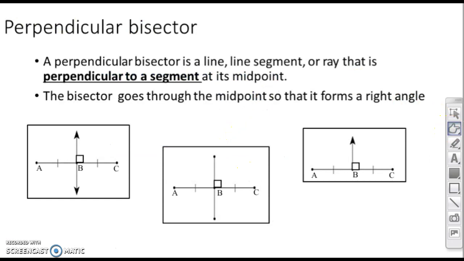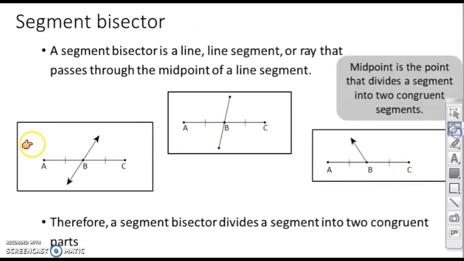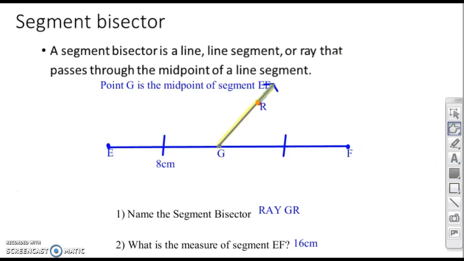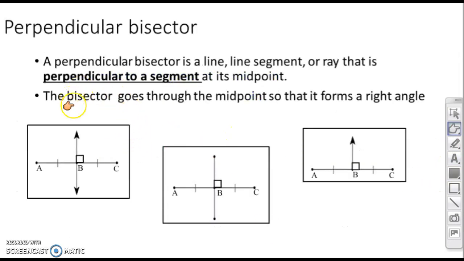Next is a perpendicular bisector. Let me just go back 2 slides for a second. If you notice here, all of these segment bisectors go through the midpoint at some kind of angle. They're not straight. When you have a particular instance where that segment bisector, whether it be a line, a segment, or a ray, goes through the midpoint and forms a right angle, we have a more specific type of bisector, and it's called a perpendicular bisector.